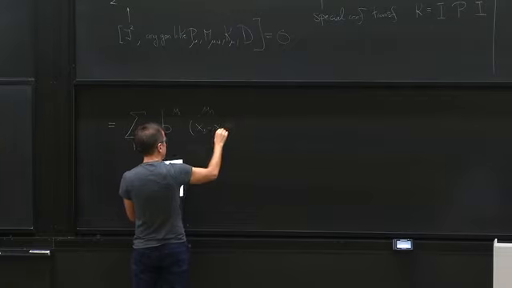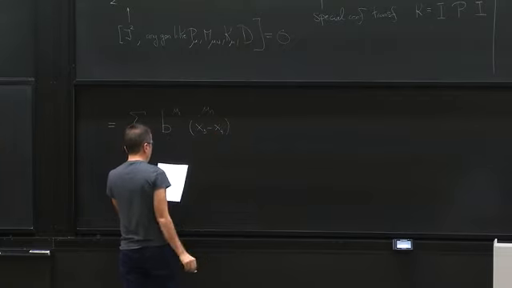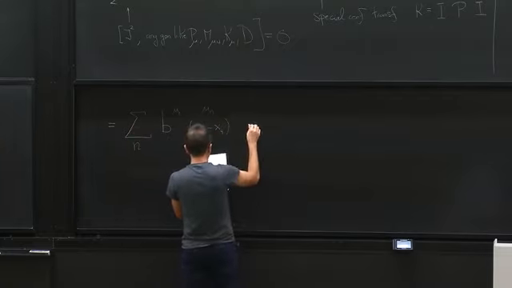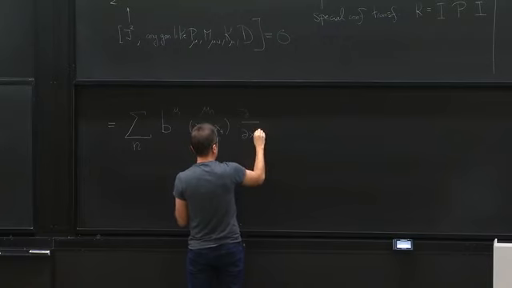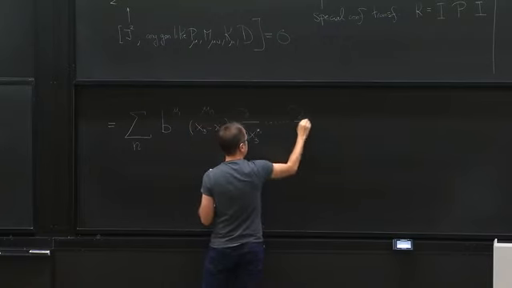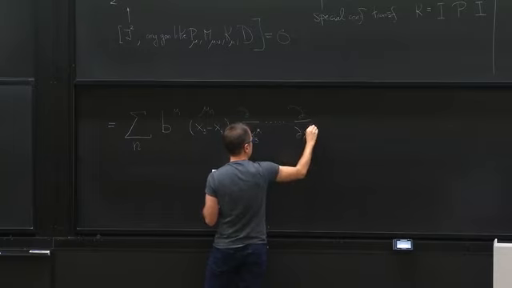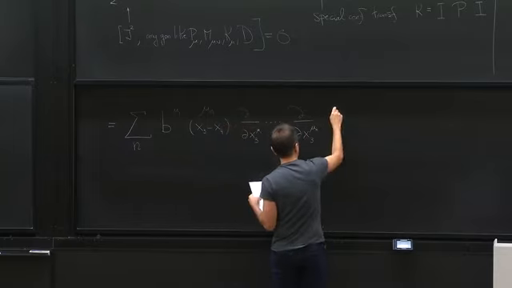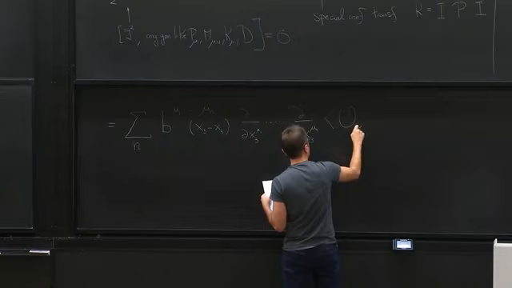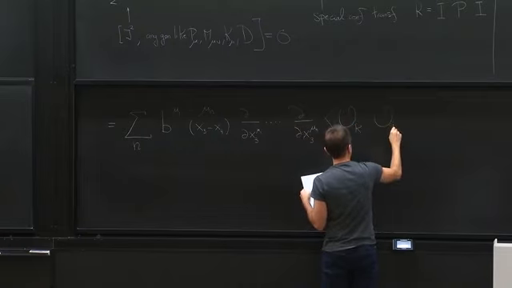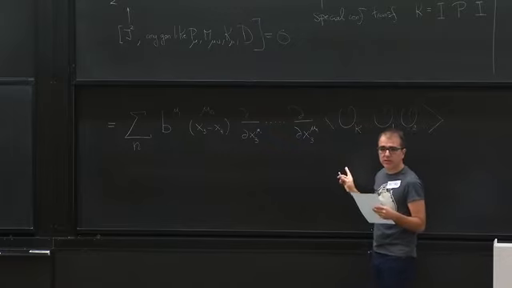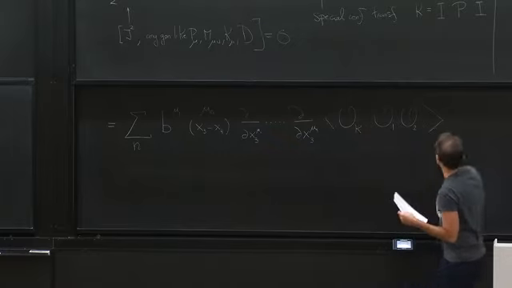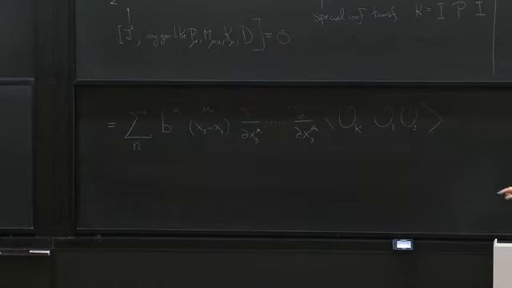I'll have to fix something there because in my notes I did something a bit different. So then I want to act with the Casimir that acts on operators 1 and 2.